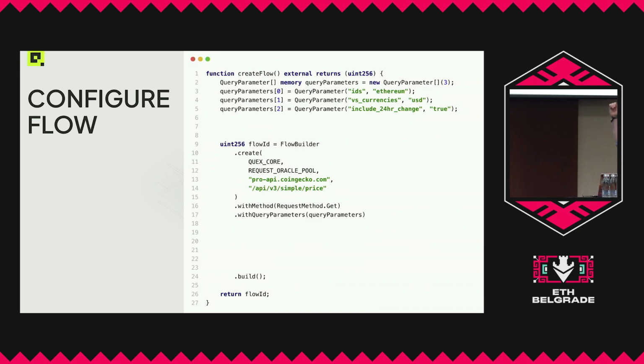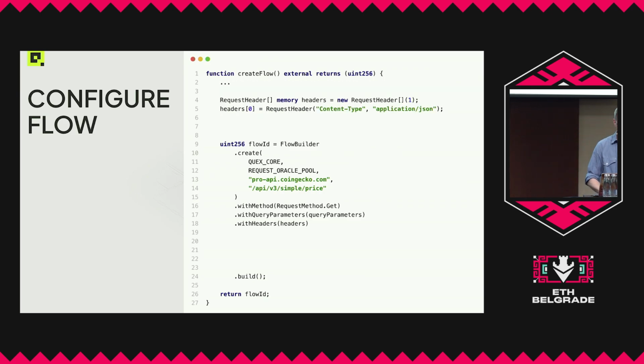And we add these query parameters to our flow builder. The same thing with the header, which doesn't contain sensitive data. We create a header and add it to our flow builder.